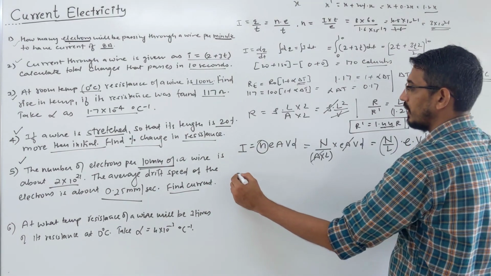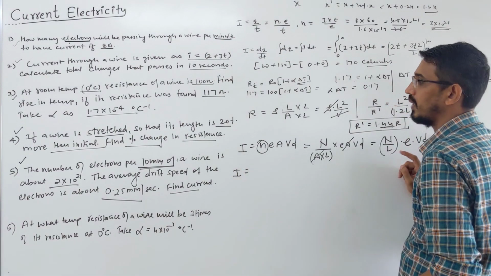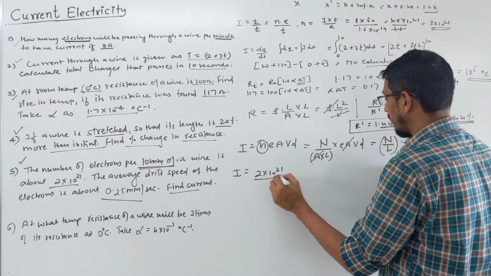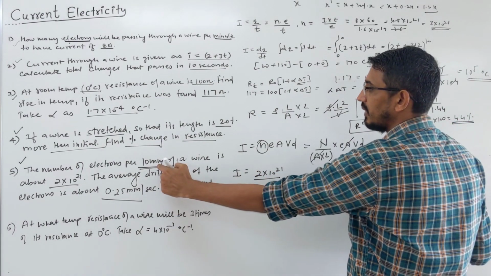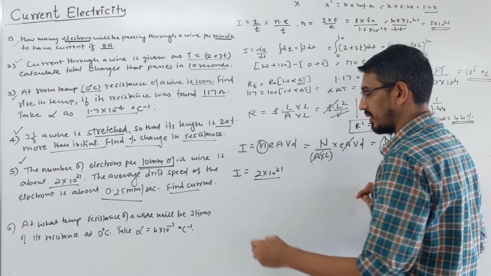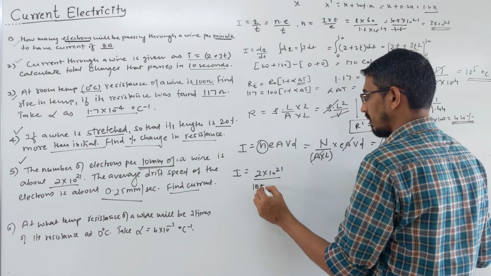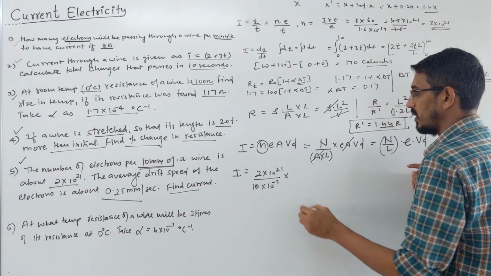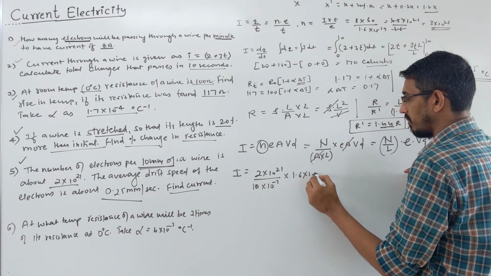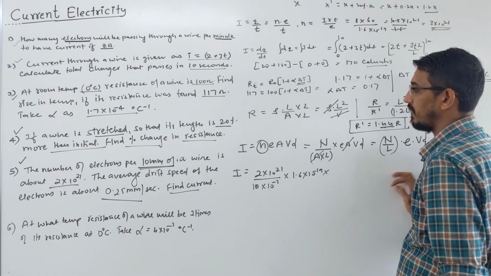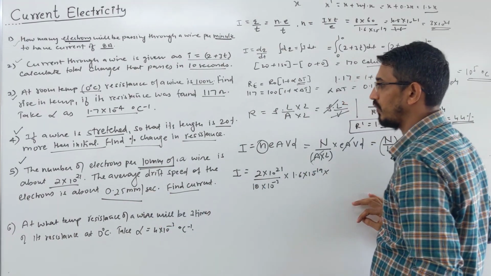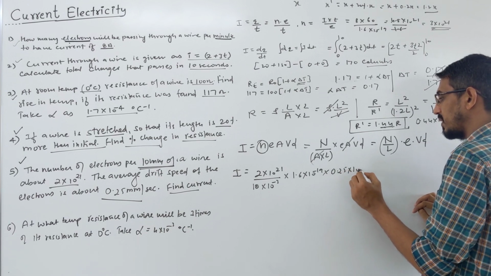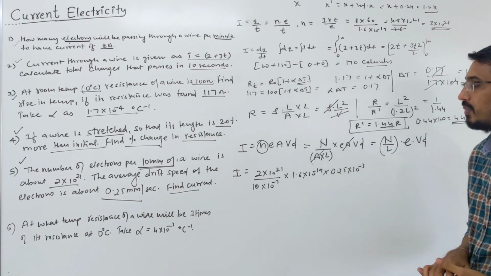That's your answer. I is equal to the number given, 2 into 10 power 21, divided by the length given, 10 millimeter, which is 10 into 10 power minus 3 meter, into the charge of each electron, 1.6 into 10 power minus 19, into the drift velocity, already given as 0.25 millimeter, which is 0.25 into 10 power minus 3 per second.